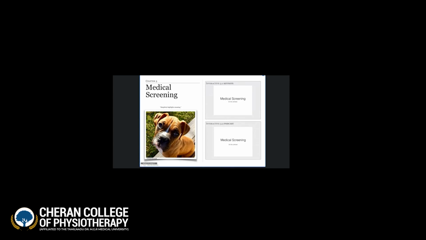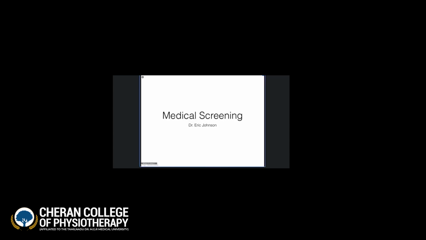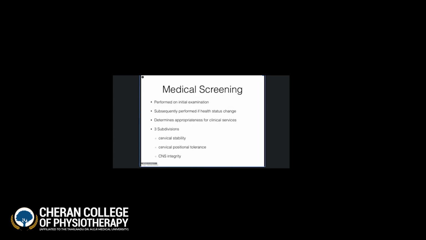Now the next very important part which you have to do is find out what exactly is happening with the patient. For your subjective examination, another one is called medical screening, which is very important. Why do we want to do the medical screening?